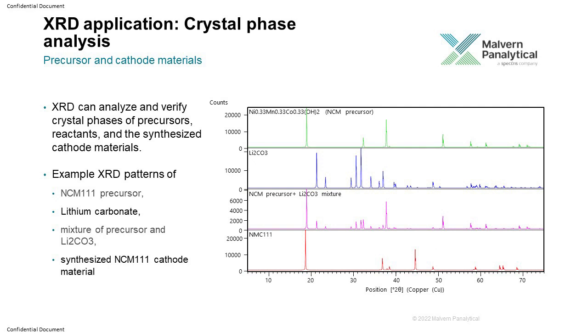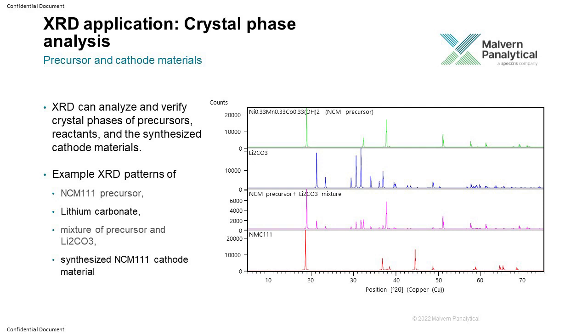Then again the crystal structure changes, and this is the XRD pattern. So you can differentiate that this is a mixture and this is the final cathode material, which you cannot differentiate with XRF. With XRF, it is a mixture of lithium, nickel, cobalt and manganese, so whether it is this or this, it will give you the same information.